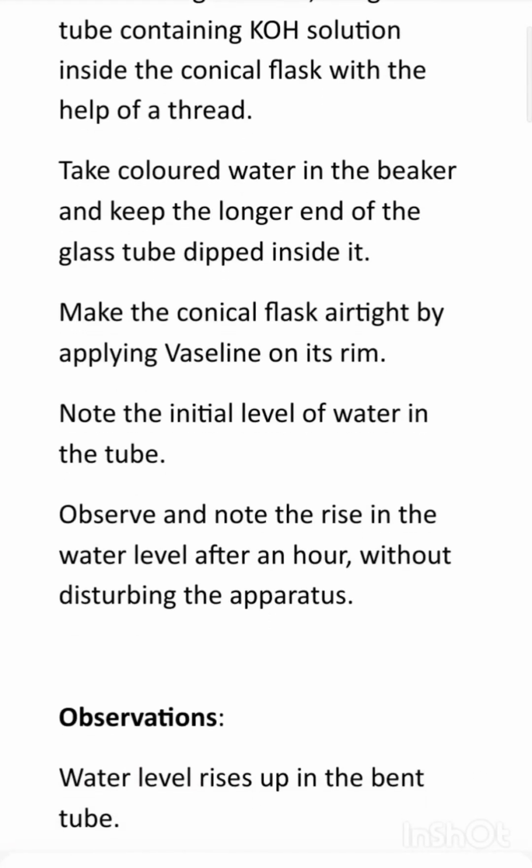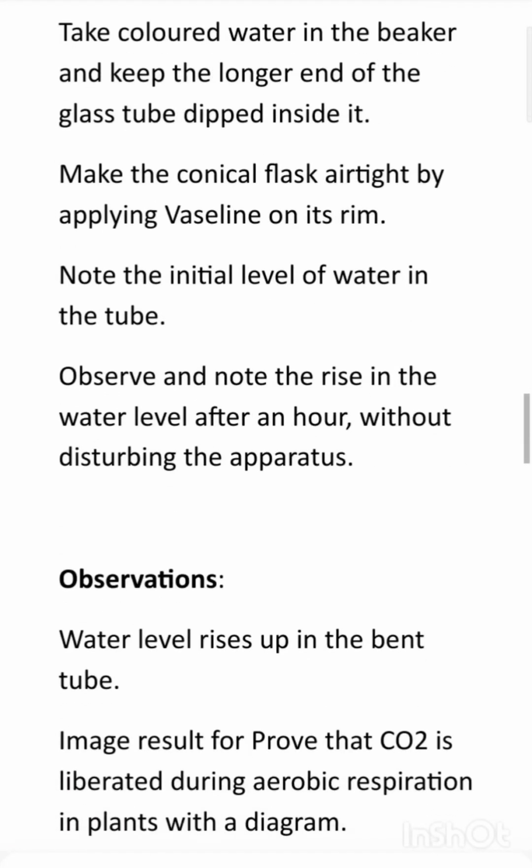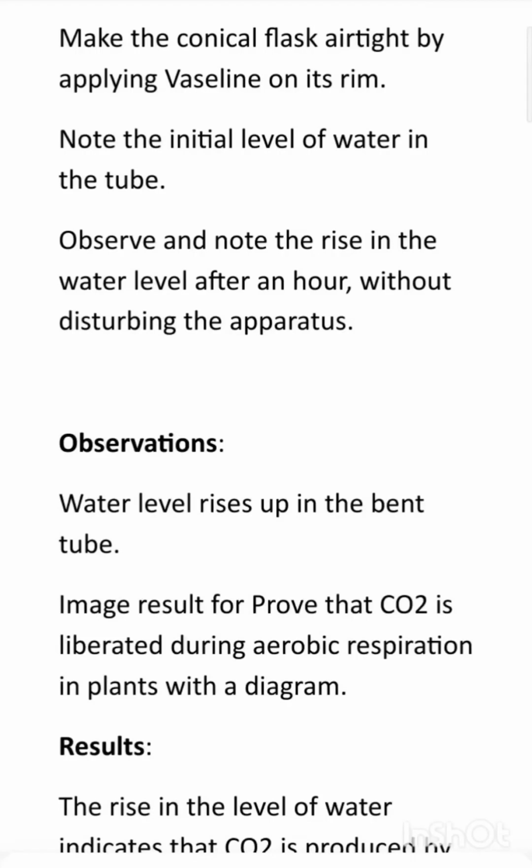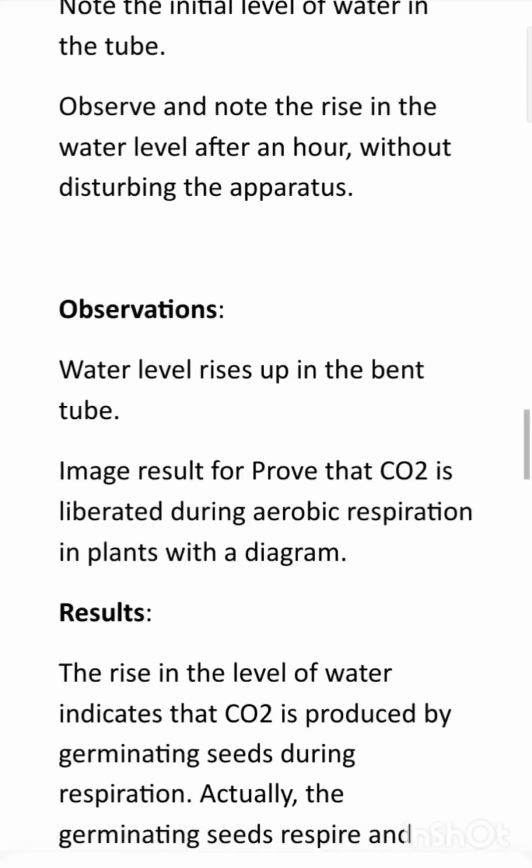Take colored water in the beaker and keep the longer end of the glass tube dipped inside it. Make the conical flask airtight by applying Vaseline on its rim. Note the initial level of water in the tube. Observe and note the rise in the water level after an hour without disturbing the apparatus.